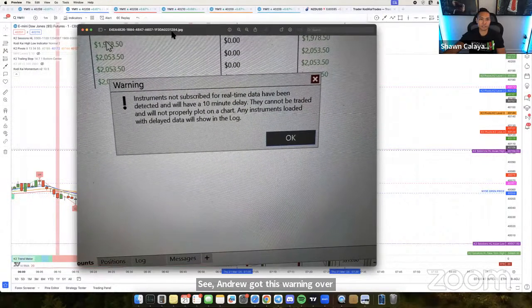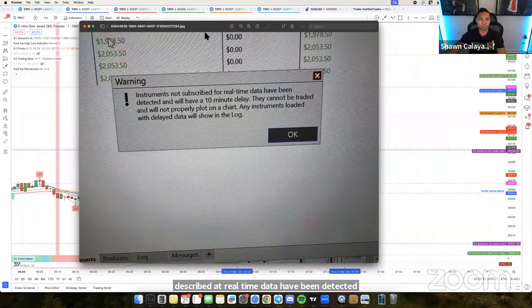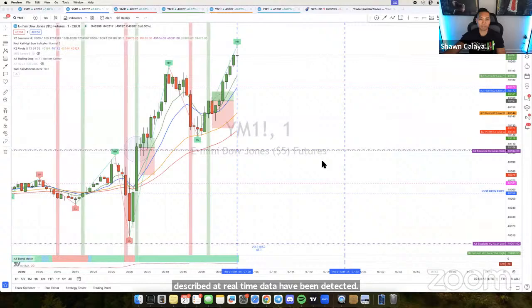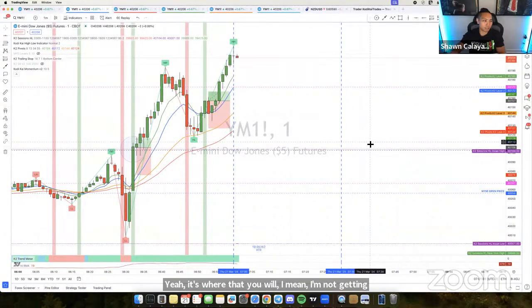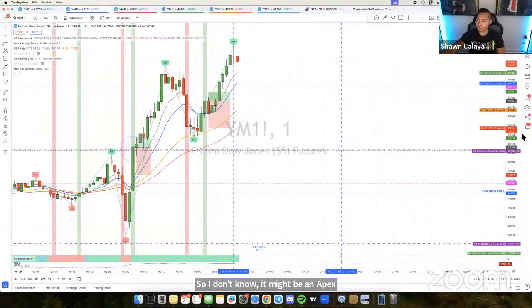It says instruments not subscribed for real-time data have been detected. It's weird, I'm not getting it because I have my own NinjaTrader license, so I'm paying for the data through NinjaTrader. So I don't know, it might be an Apex problem. Does anybody else have that error that Andrew has?